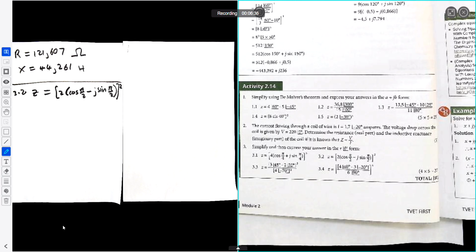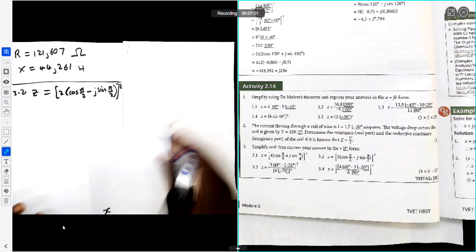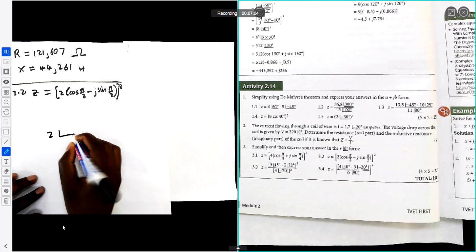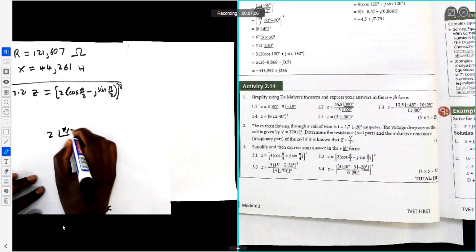So we need to simplify and express your answer in the r angle theta form. So how will we do that? We know that if a complex number is raised to the power of 2, when you see this complex number, just know that it is expressed as 2 angle pi over 2.